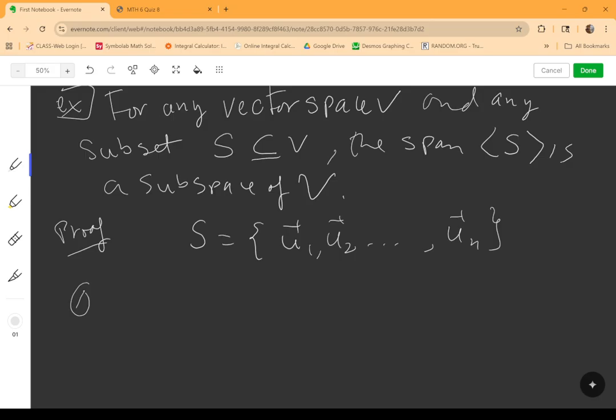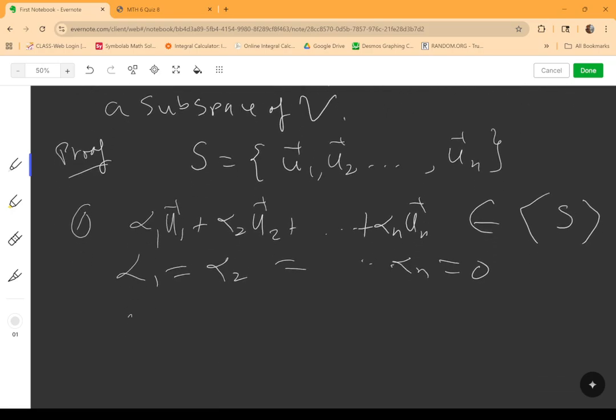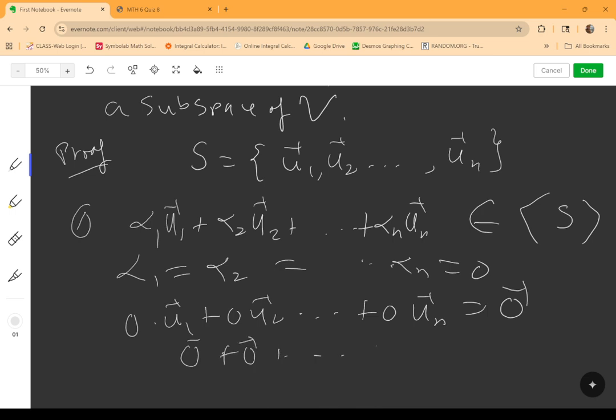It means you are some linear combination of the vectors in S. Now, if I choose those scalars to all be 0, we have 0 times u1 plus 0 times u2 plus 0 times un, and we get the zero vector.